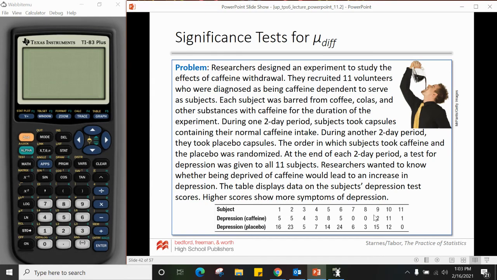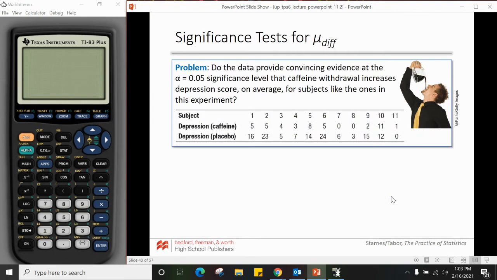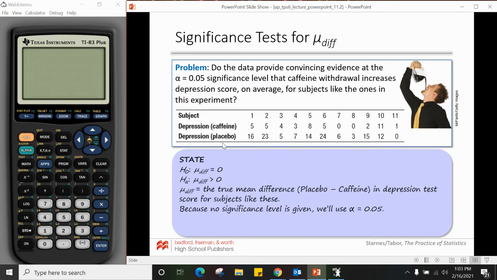They said higher scores show more symptoms of depression, and that's why it's placebo minus caffeine. If that number is bigger than 0, then the placebo had higher scores, which means they had more signs of depression than with the caffeine.